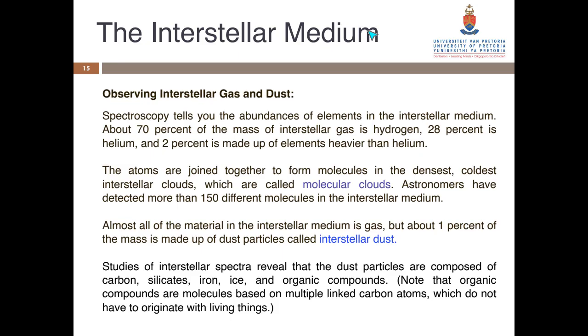Almost all of the material in the interstellar medium is gas, but about 1% of the mass is made up of dust particles called interstellar dust. Studies of interstellar spectra reveal that the dust particles are composed of carbon, silicates, iron, ice, and organic compounds. Note that organic compounds are molecules based on multiple linked carbon atoms, which do not have to originate with living things.